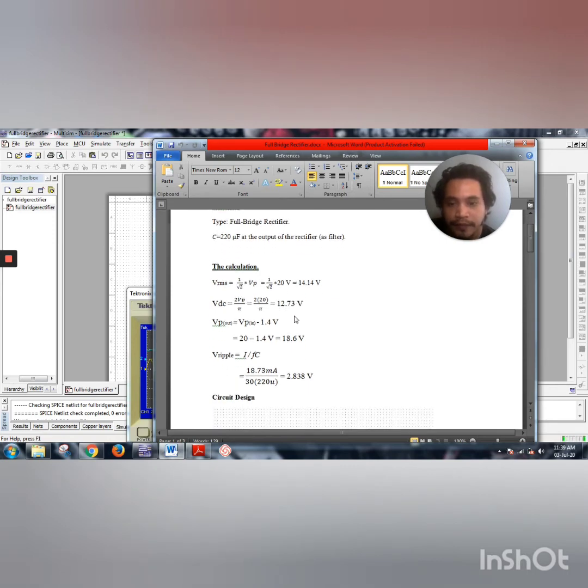This is the calculation. From the circuit, we can calculate the VRMS and VDC. So VDC is 12.73, and V out is 20 minus 1.4 volt. Why 1.4 volt?